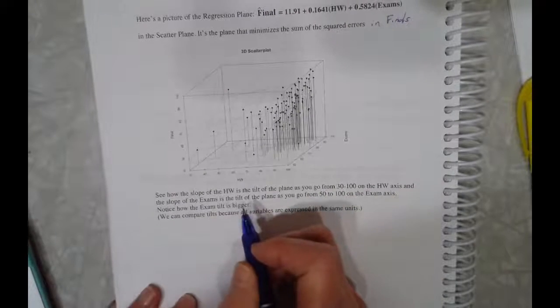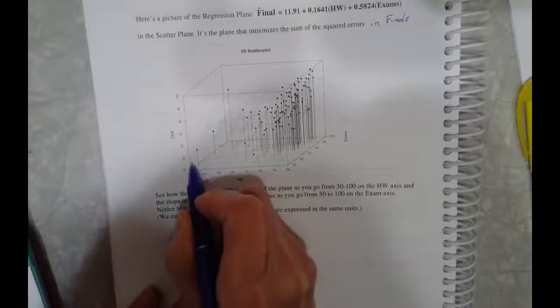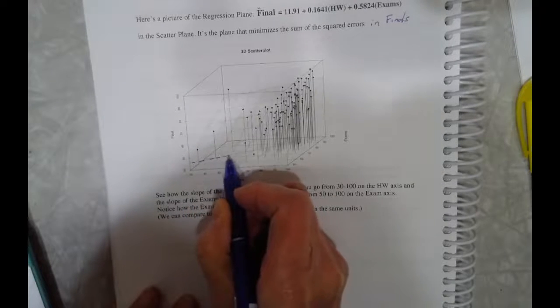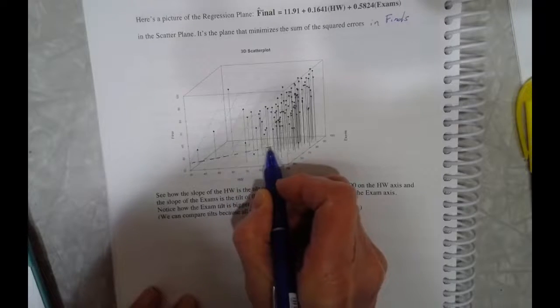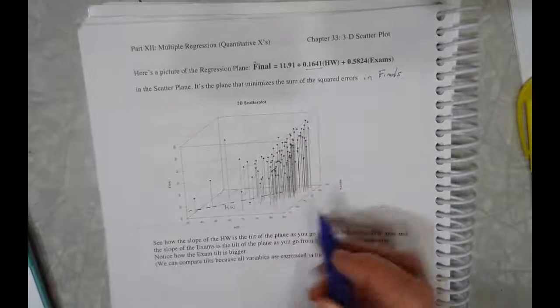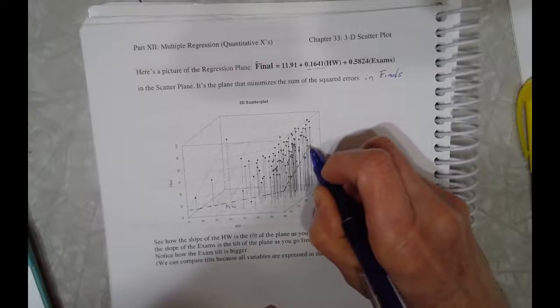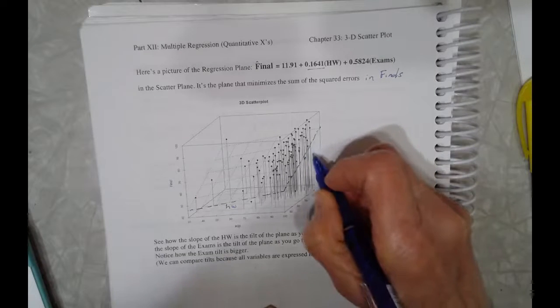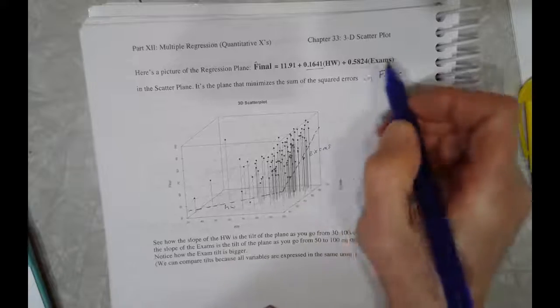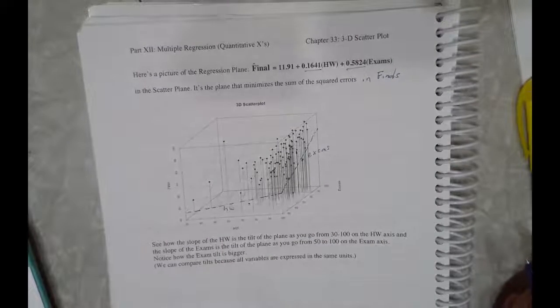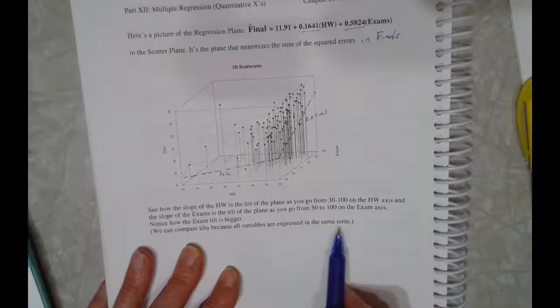So the tilt of the plane, right there, that's the homework. And you see it has a pretty small tilt. And here, the exams are better predictors of the final. These are the exams. So it has a stronger slope. We can compare the tilts because all the variables are expressed in the same units.